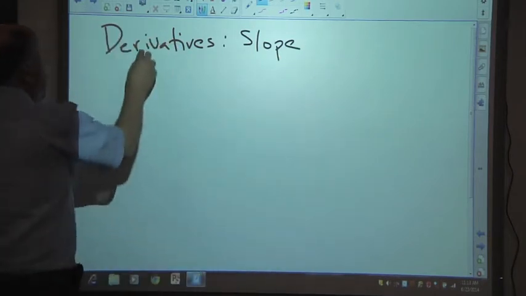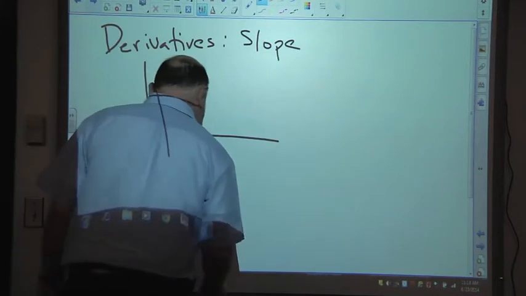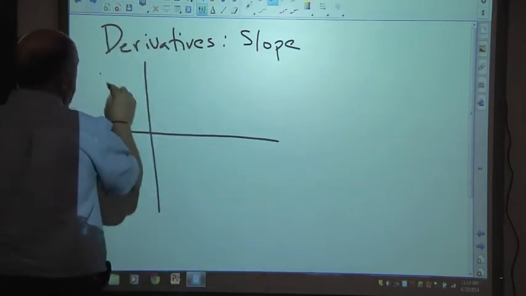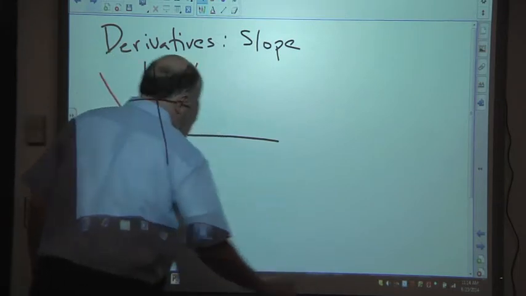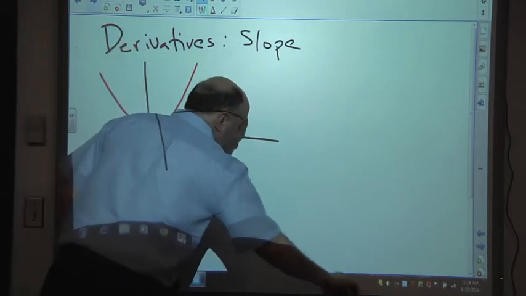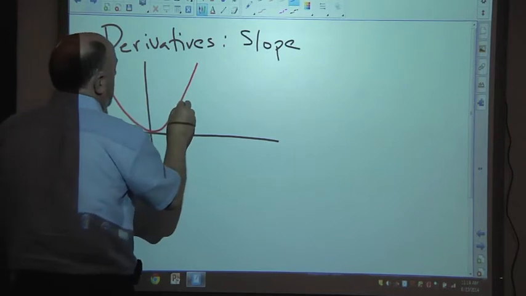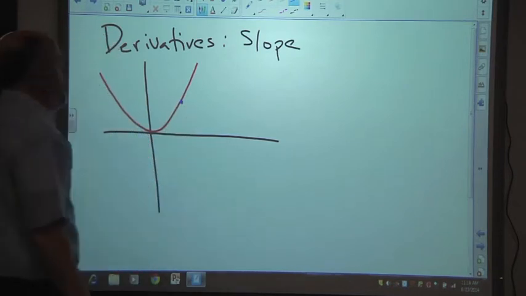So if I have a curve, for example, like that, and I want to know what is the slope at this point.